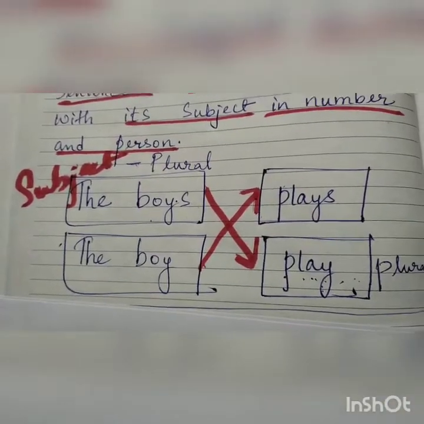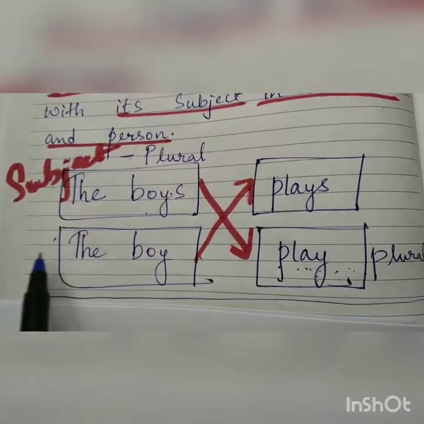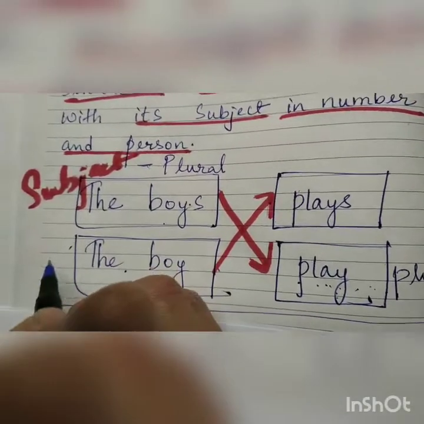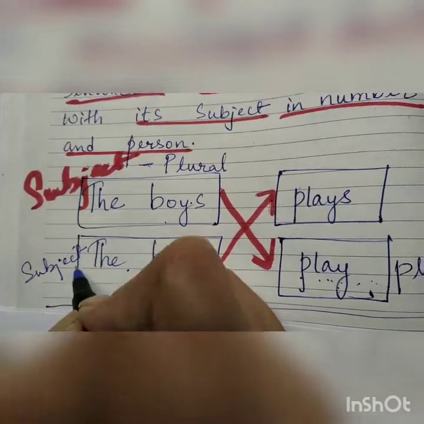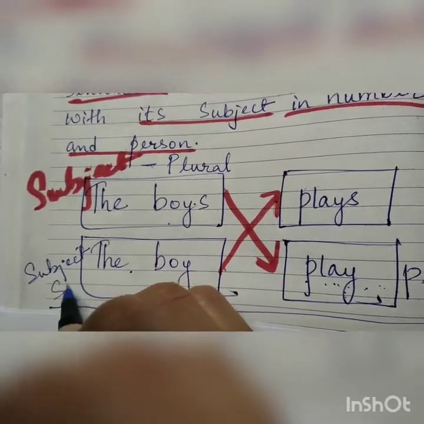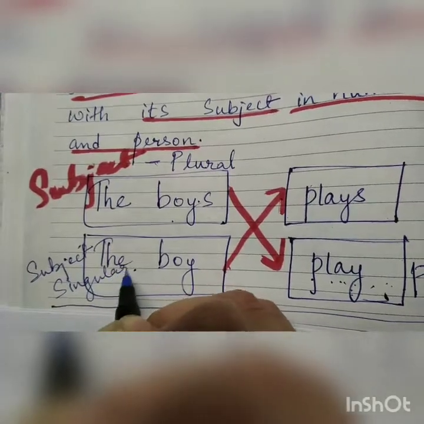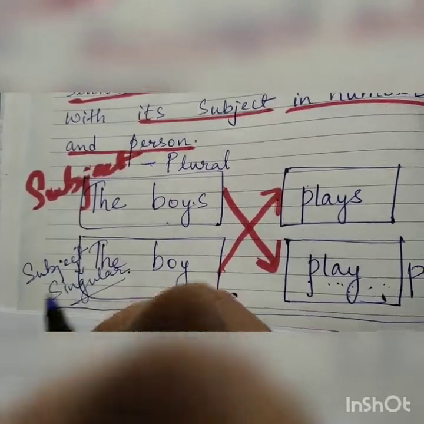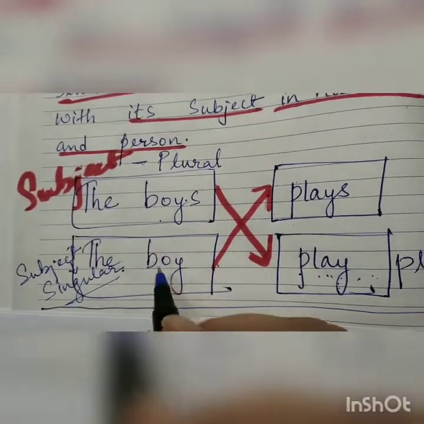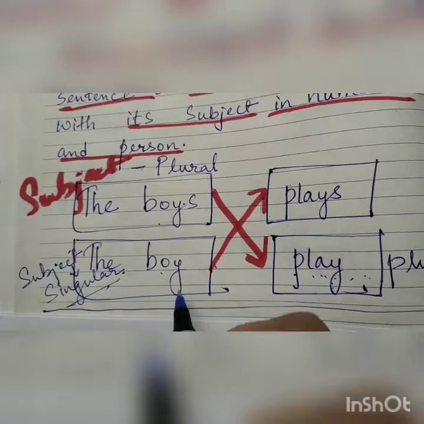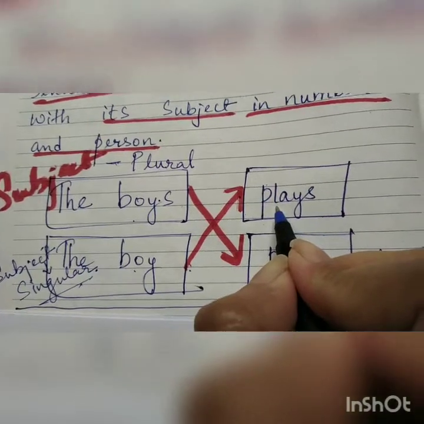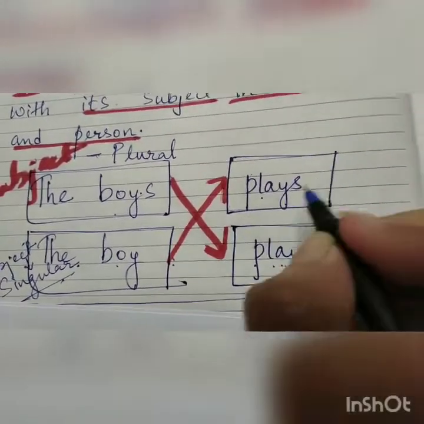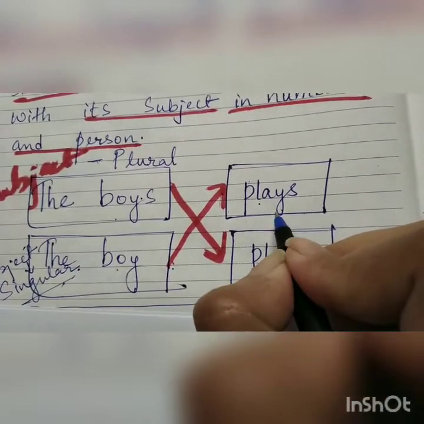Now let's go with this one. The second part of the sentence is the boy. It's the subject and it's in which form? Singular. Isn't it? The boy, singular. Now, this matches with the verb plays, which is in plural form. Actually, it's in plural form.